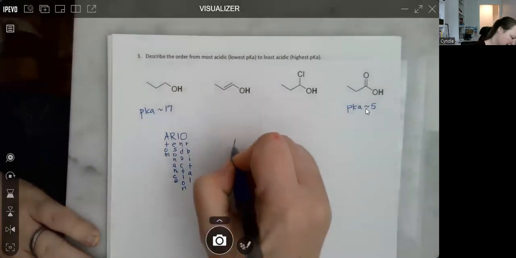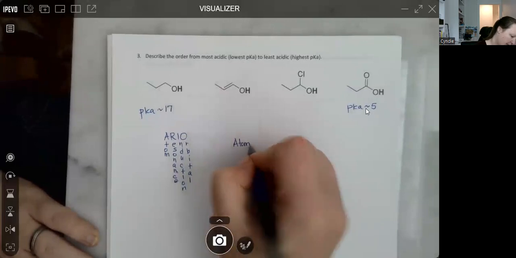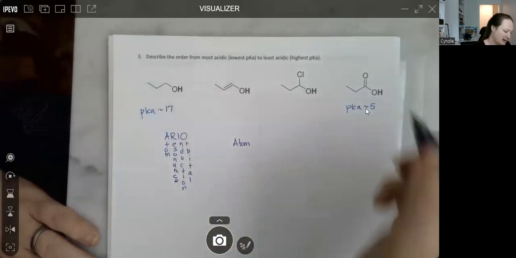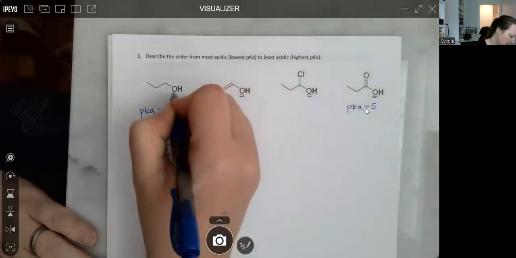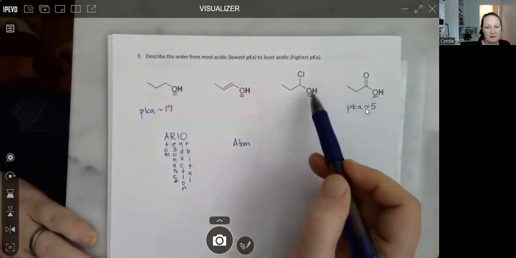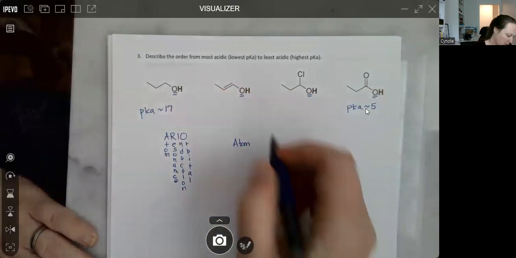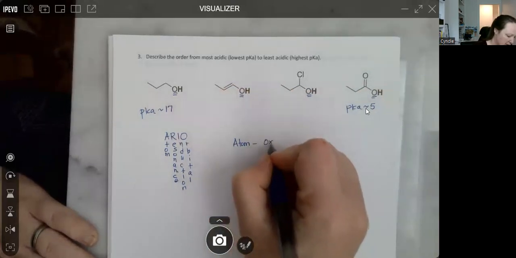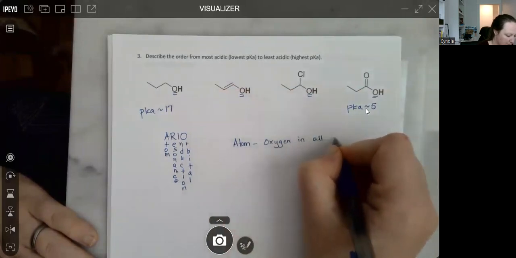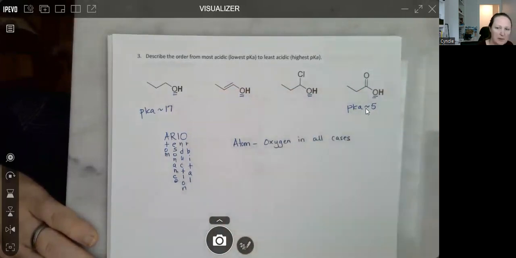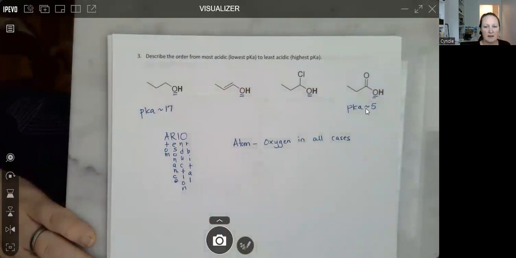So if we look at the atom, well, we want to look at the atom attached to the hydrogen that's going to be removed, which is, right, bolded. So it is oxygen, right, in all cases. So that is not going to help us figure out which one is going to be more acidic.